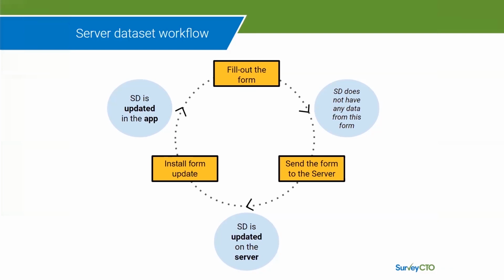Only when you install a form update, then the server dataset is updated in the app. So keep sending all submissions to the server and updating all latest form versions into SurveyCTO Collect is extremely important to ensure a smooth workflow. And so you need to make sure that your enumerators are keeping everything updated.